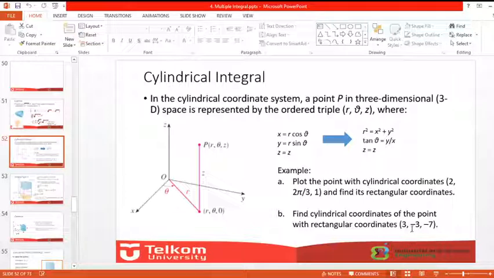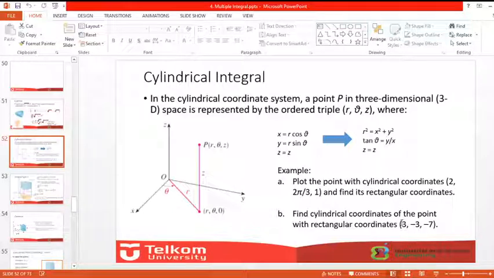Since the y is negative and x is positive, it should be in quadrant 4.